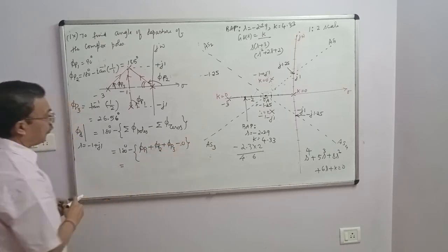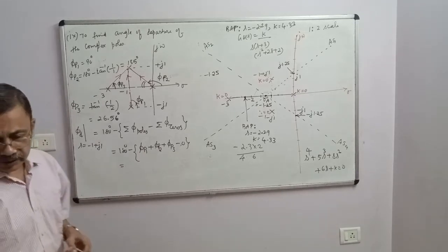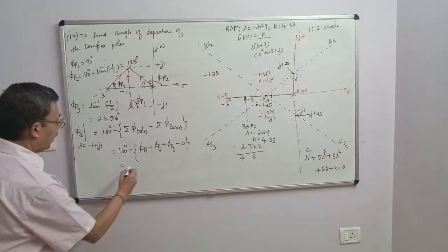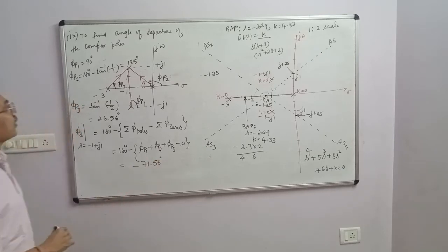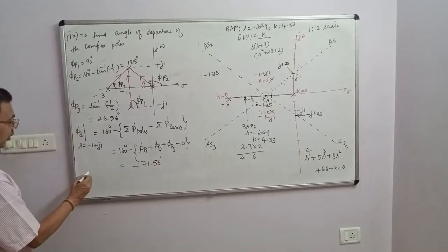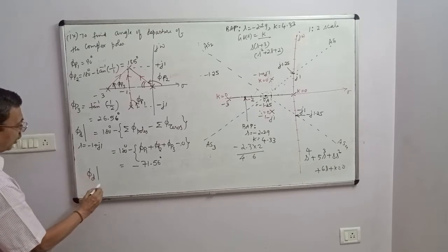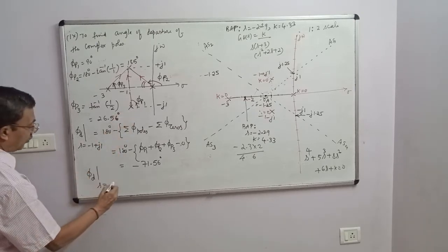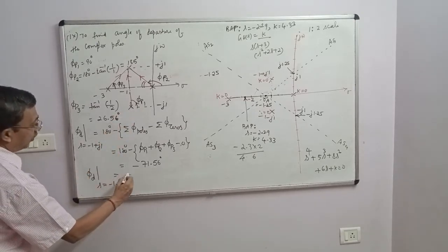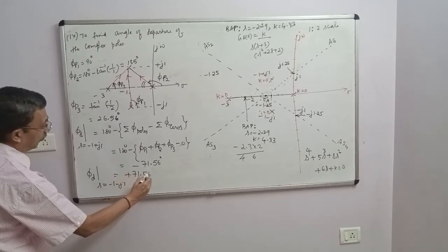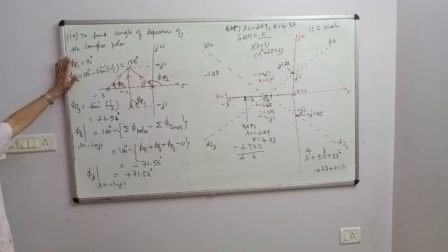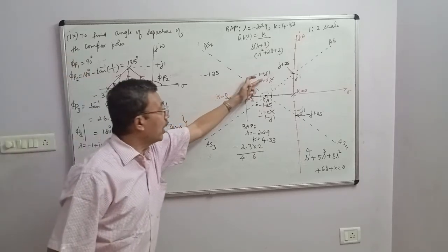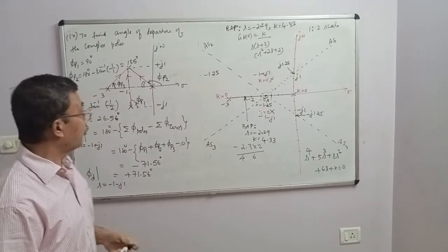Substitute the values of phi p1, phi p2, phi p3 and calculate. The answer is minus 71.56 degrees. Angle of departure of the pole at s equal to -1 minus j1 will be plus 71.56 degrees. So angle of departure calculations must be done only when we have complex conjugate poles.